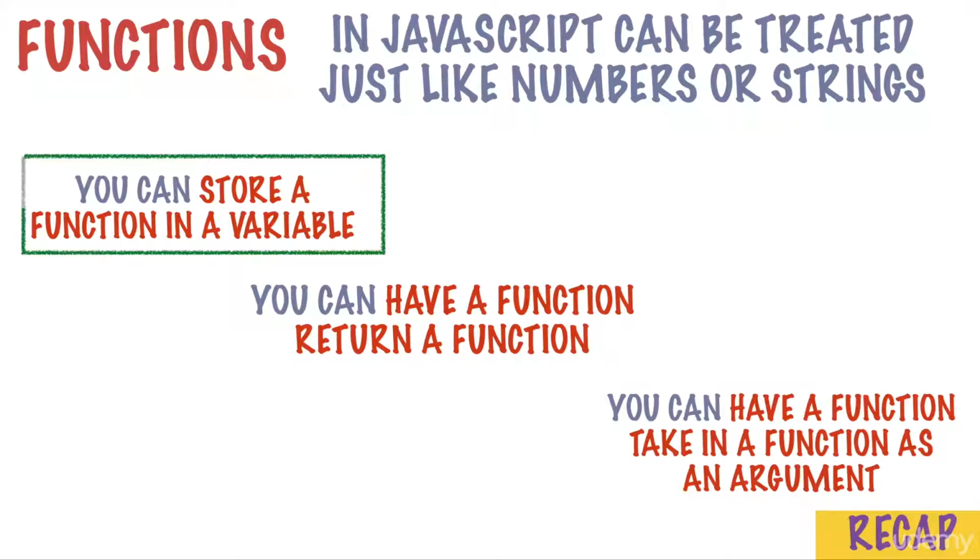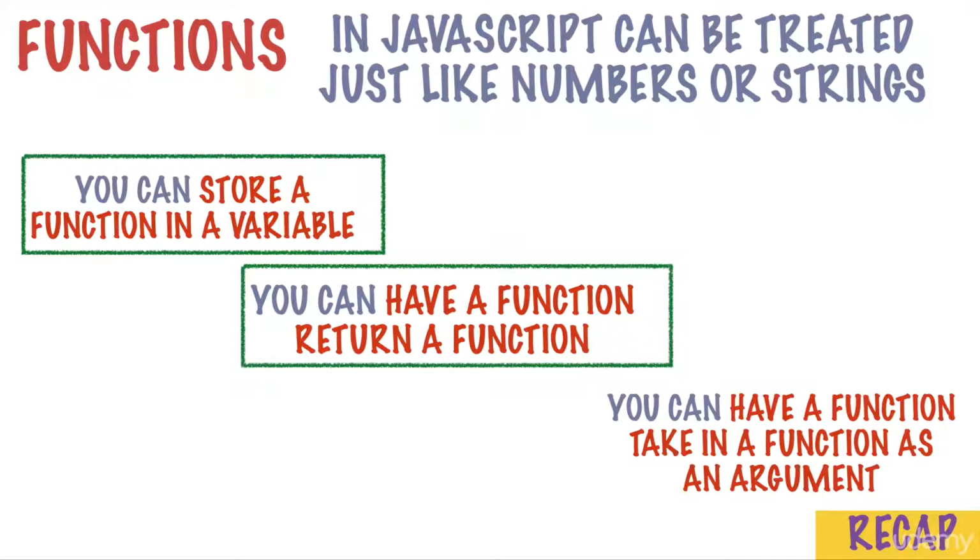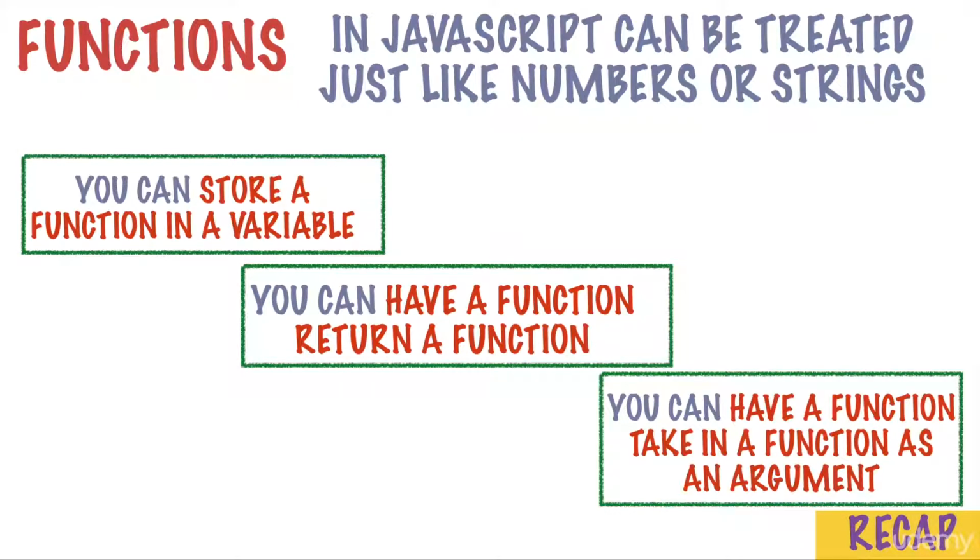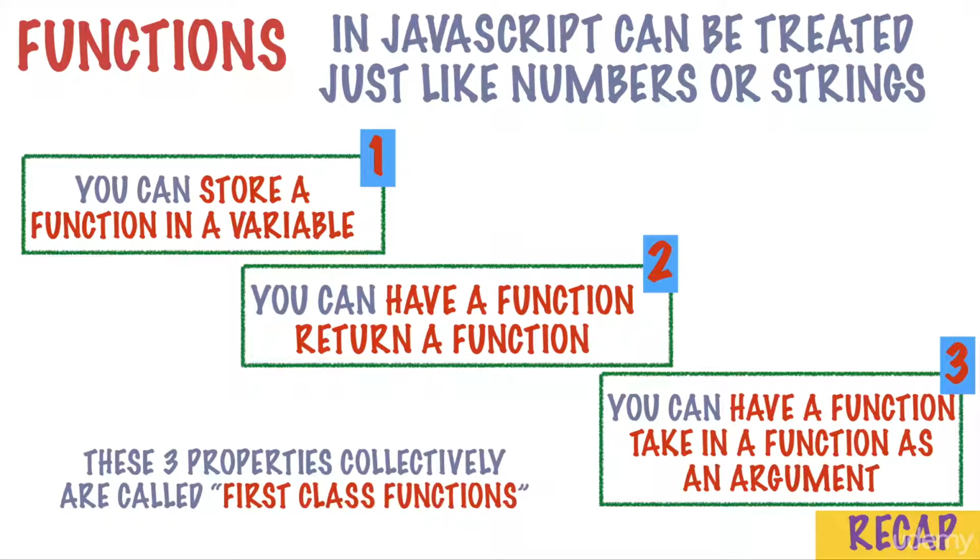These three properties together make functions first-class citizens in JavaScript, and JavaScript behaves a little bit like a functional programming language due to functions being a first-class citizen. Functions in JavaScript, because of these three properties collectively, are called first-class functions.